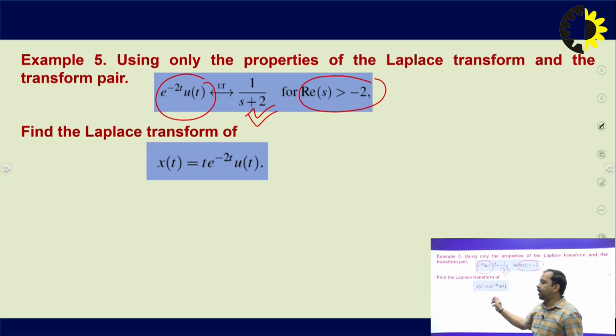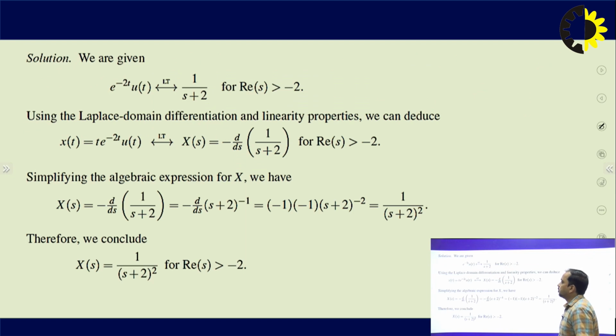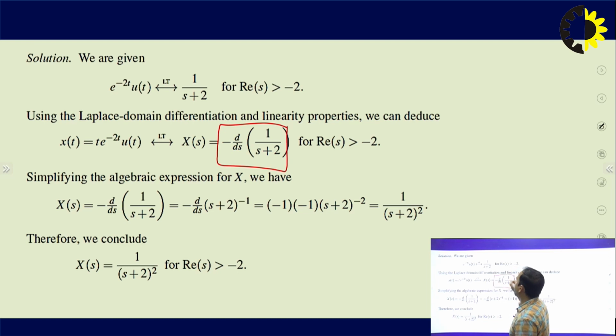Now t multiplied by x(t). If you remember, for t multiplied by x(t), naturally the transform will be minus d/ds of X(s). So we take minus d/ds of X(s), where the previous one was 1/(s + 2).